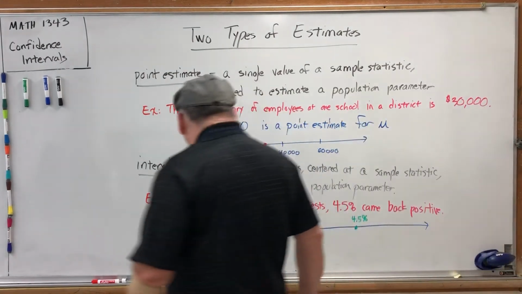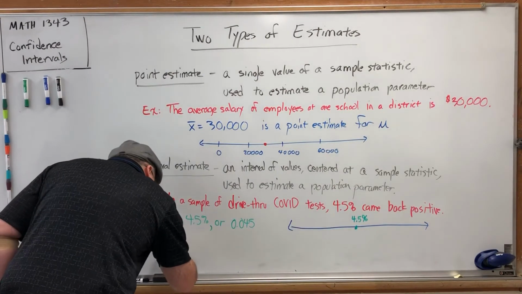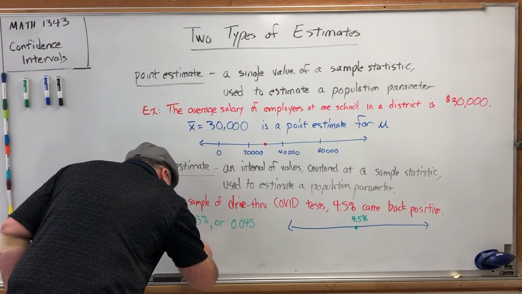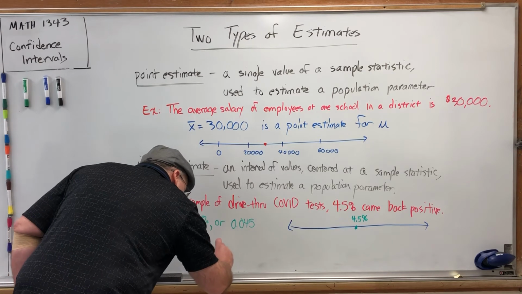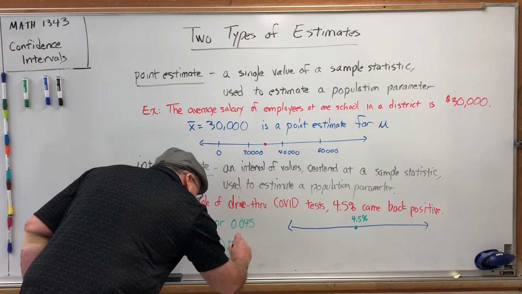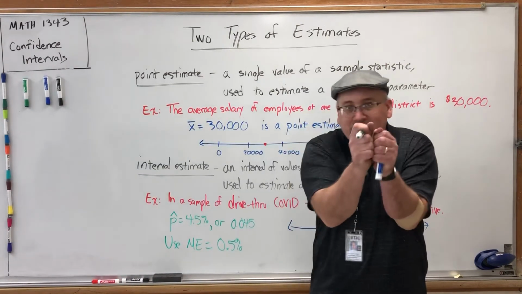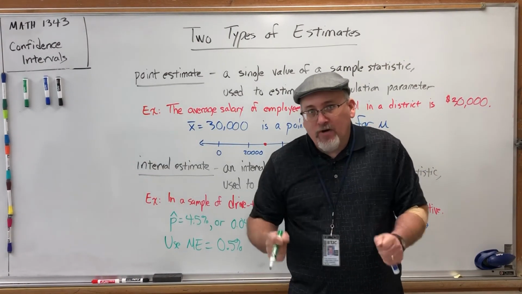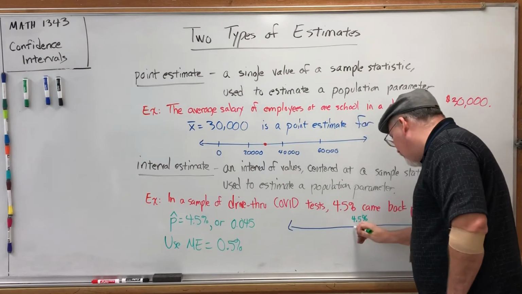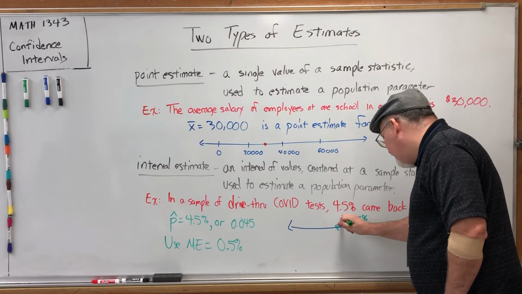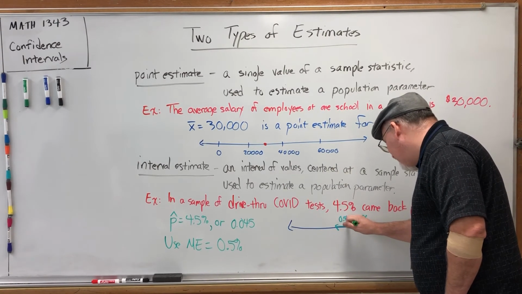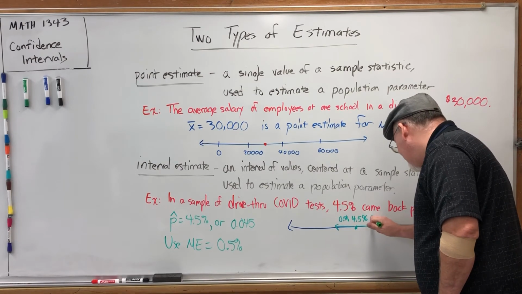So if we have this point estimate, and I give you a margin of error, so let's say you use a margin of error of 0.5%, that means to create an interval, we have to go to that point and in both directions go whatever the margin of error is. So if we go to the left, 0.5%, and we go to the right, 0.5.